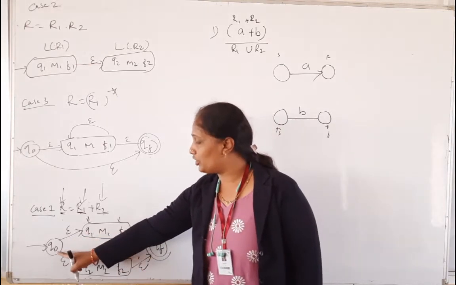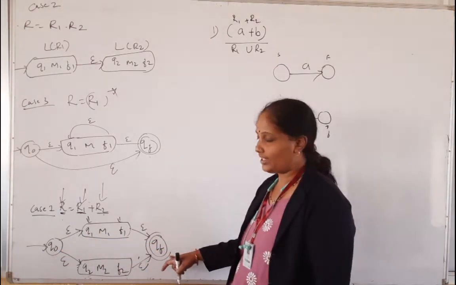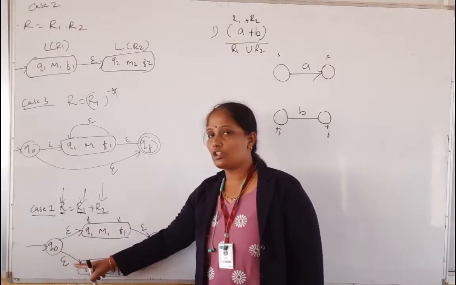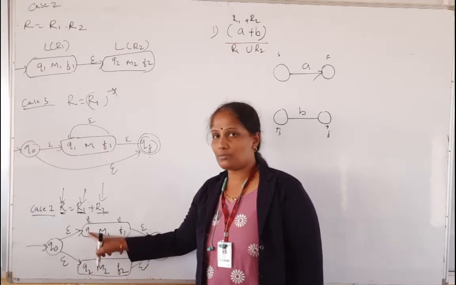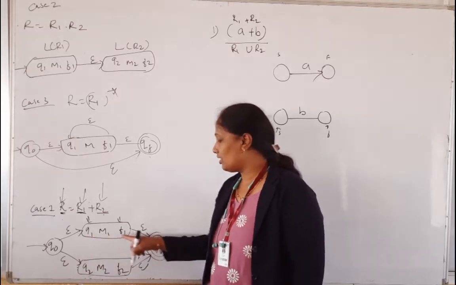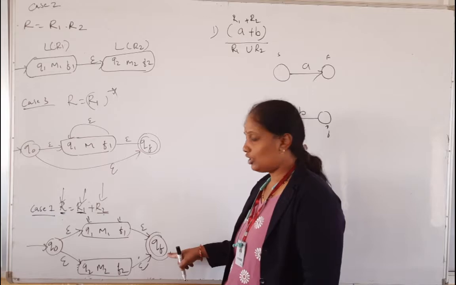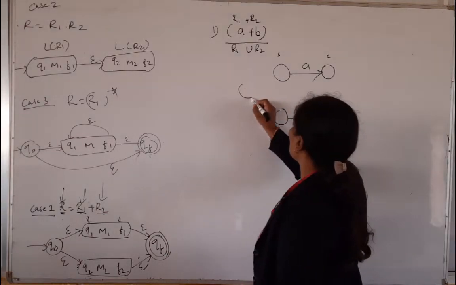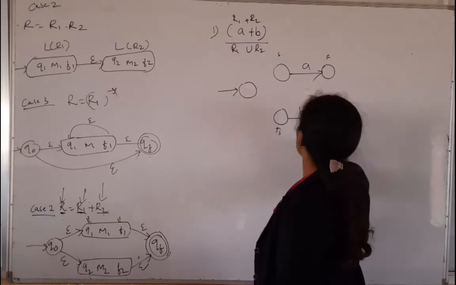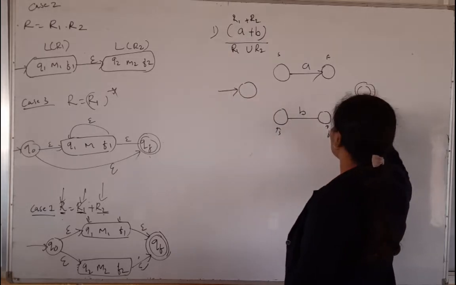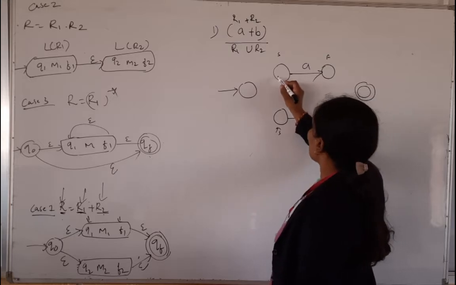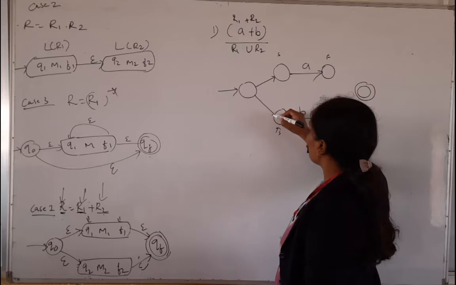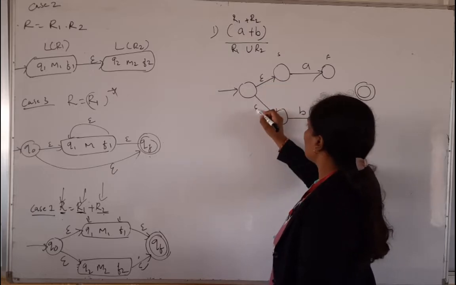Next, I am going to introduce a new start state and a new final state. The new start state is connected with the start states of both the FSMs, and the final states are connected to the new final state. The start state of R1 and R2 I connect to the new start state by an epsilon transition.